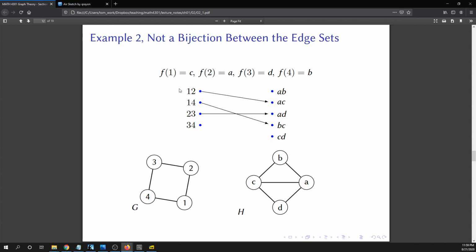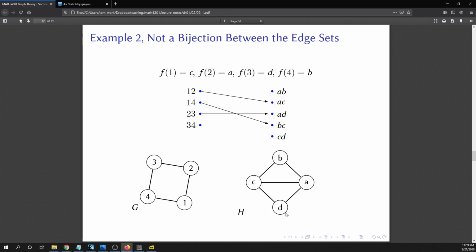And so what we would do is list out all of these edges. Starting with the graph of G, I can see it has this edge 1 to 2, this edge from 1 to 4, this edge from 2 to 3, this edge from 3 to 4. Over here, again, list out all of the edges. I have an edge between A and B, A to C, A to D, B to C, and C to D.